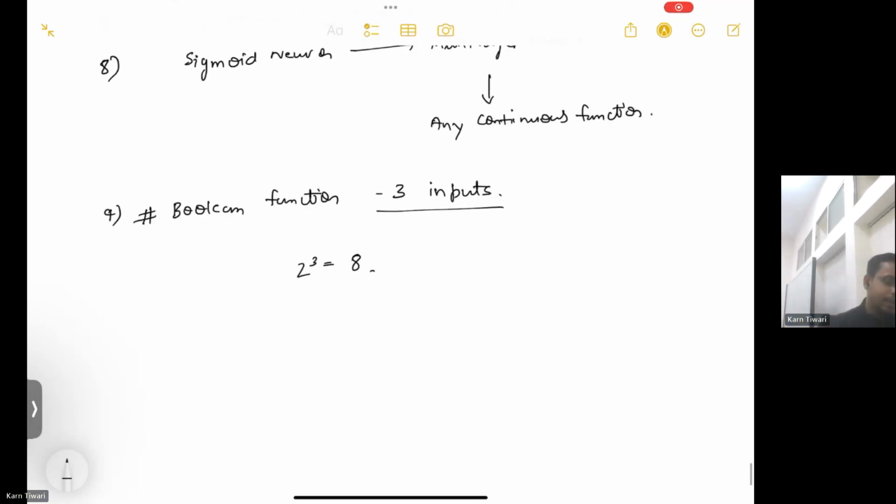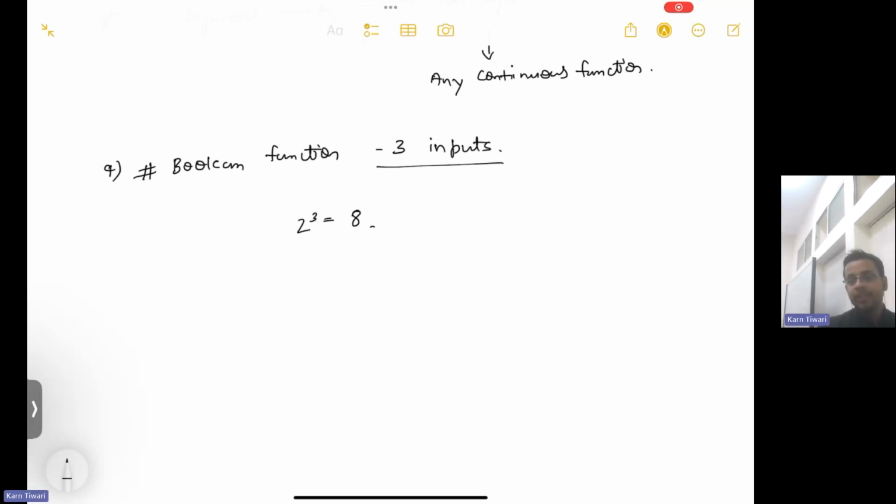Okay. Now for each variation, it can either give 0 or 1. The number of permutations will be, in that case, 2 to the power 8, which is 256. You got the logic.